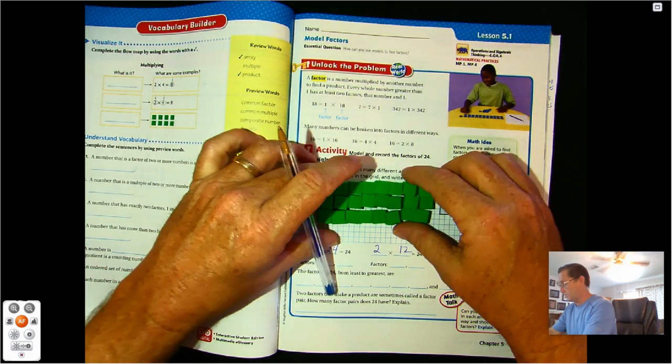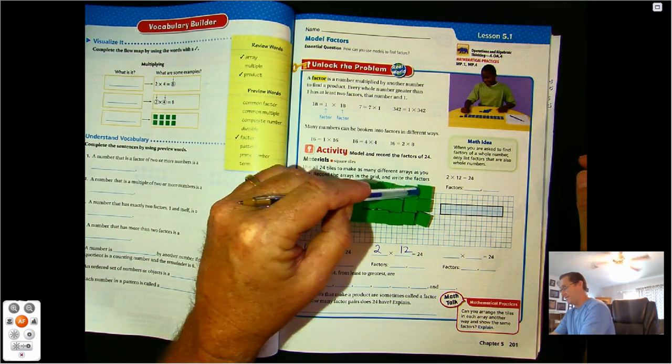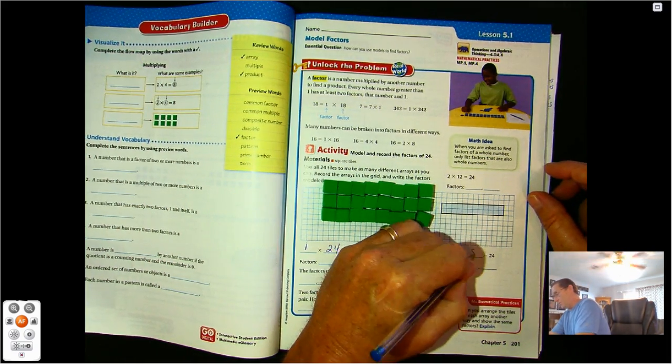So yes, I can make 1, 2, 3, 4, 5, 6, 7, 8. I can make 3 rows of 8.